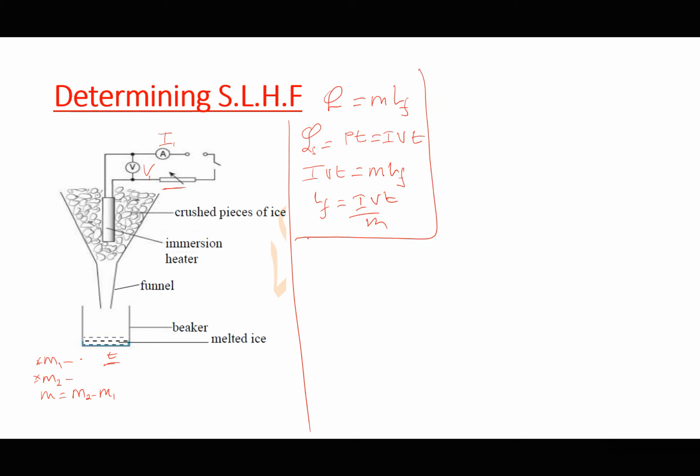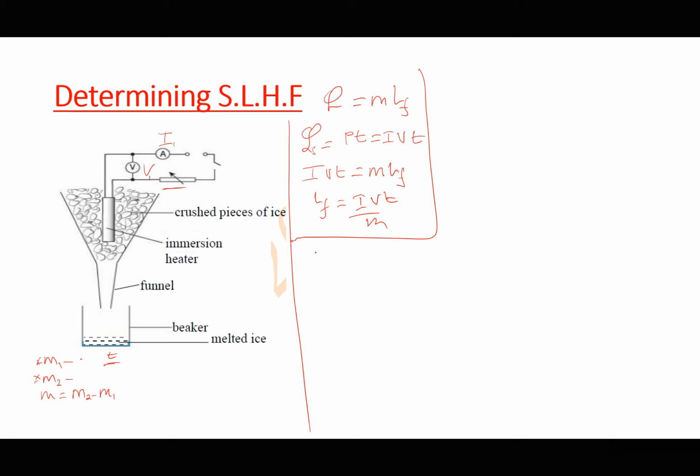However, we cannot ignore heat exchange with the surrounding. So for a given mass, I will find the energy supplied to melt the ice, and I will have two equations.